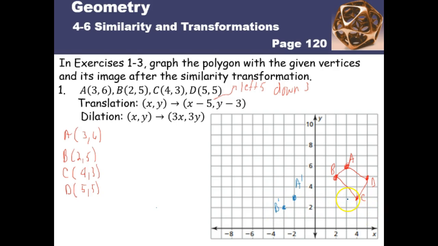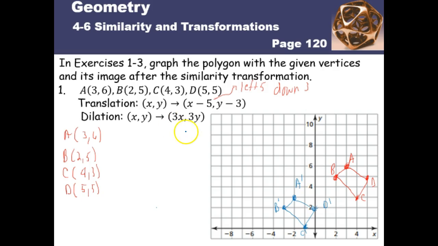And C is left 5. 1, 2, 3, 4, 5, and down 3. 1, 2, 3. C prime. And D is left 5. 1, 2, 3, 4, 5, and down 3. 1, 2, 3. So here is D prime.